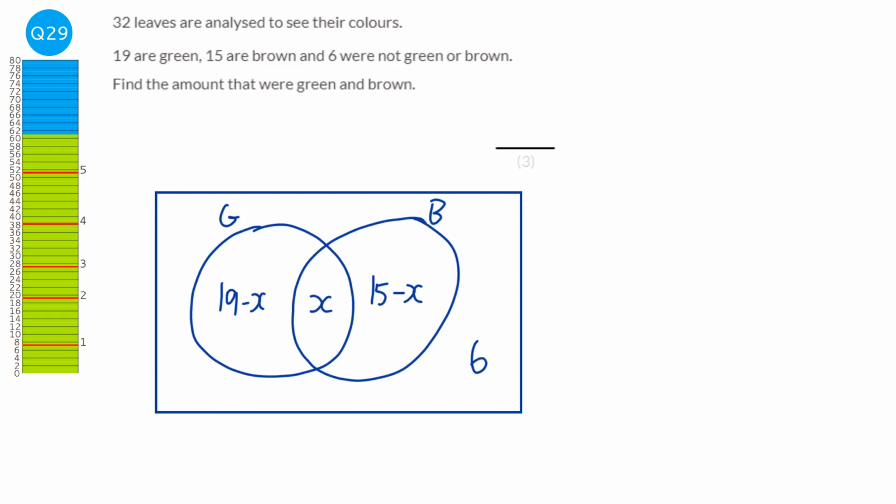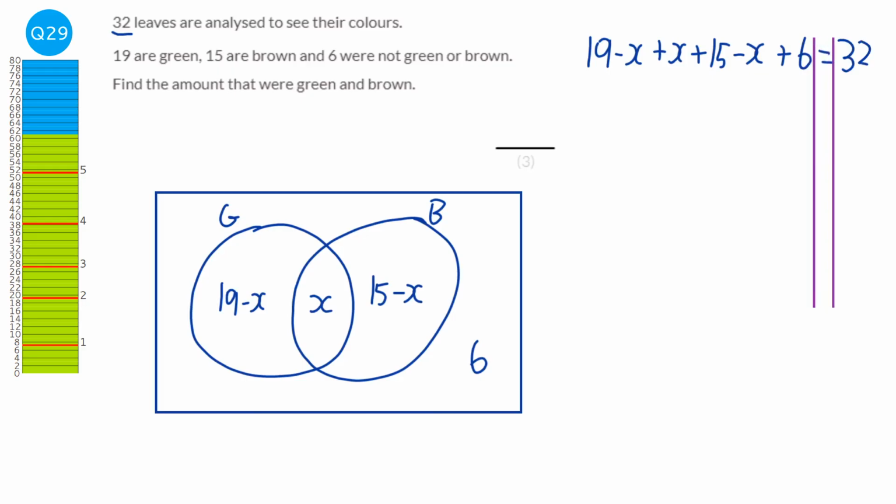And for the next step, we know that all of them together add up to 32, because it says in the question. So we're going to add all of these, the 19 minus x, the 15 minus x, and the 6 together, and we know that equals 32. And let's get our solving lines in.